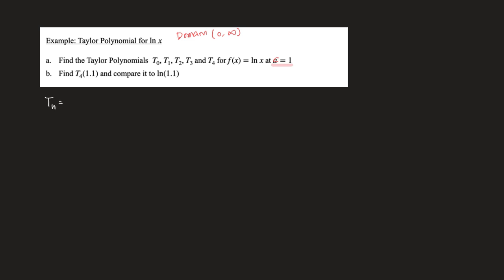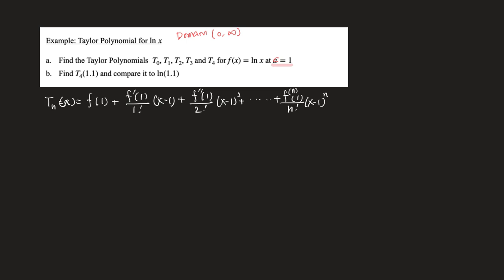Tn of x is f of 1, the center is 1, plus f prime of 1 over 1 factorial times x minus 1, plus the second derivative at 1 over 2 factorial times x minus 1 squared, until the nth derivative at 1 over n factorial times x minus 1 to the n.